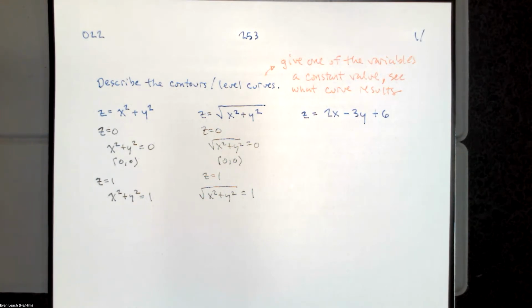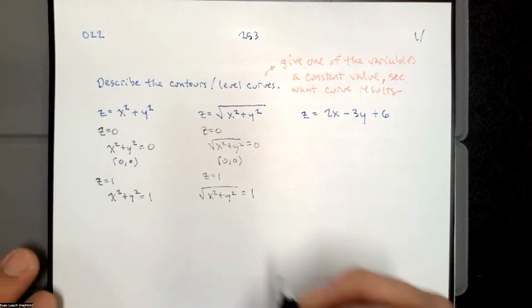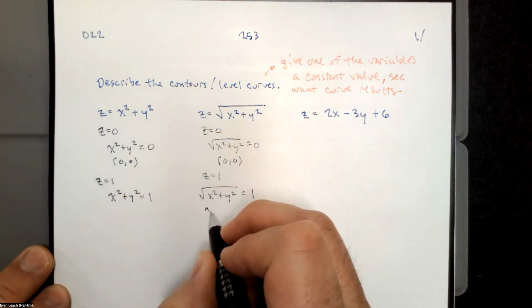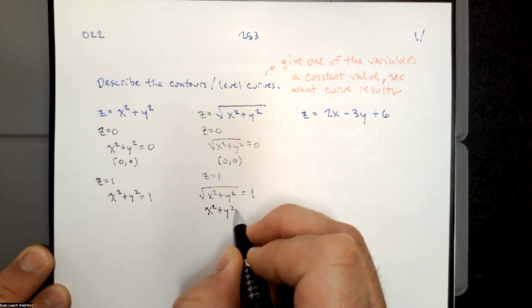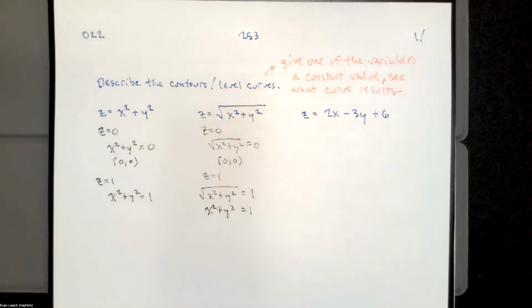So the next contour, if we pick z equals 1, in this case, we're getting the same circle, because 1 squared is just 1. If the square root of x squared plus y squared is equal to 1, that must mean x squared plus y squared equals 1. So in both cases, we have a circle of radius 1, centered at the origin.